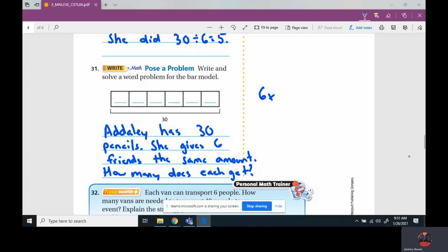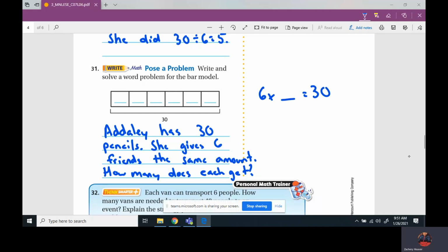So 6 times what? Don't tell me yet. Equals what, Jack? No, 6 times what equals? Wait till we finish. 6 times what equals 30, right?